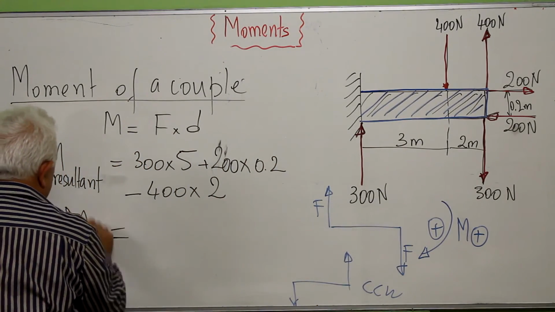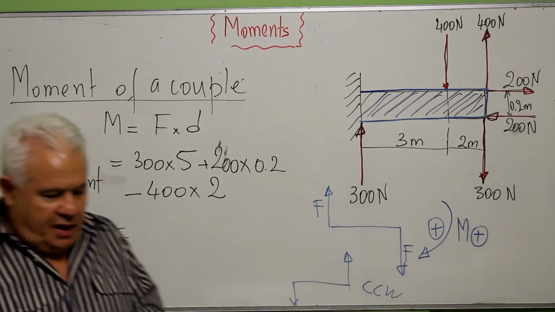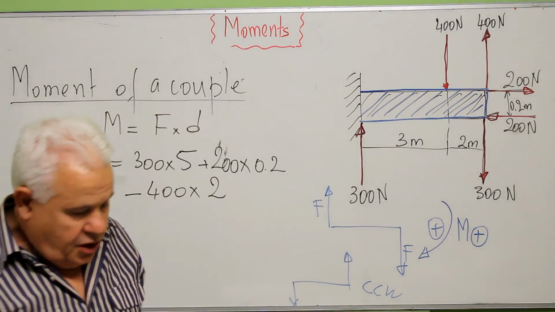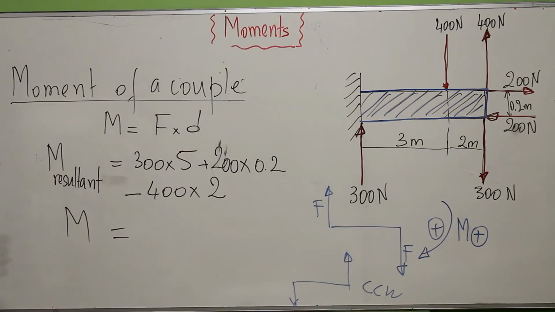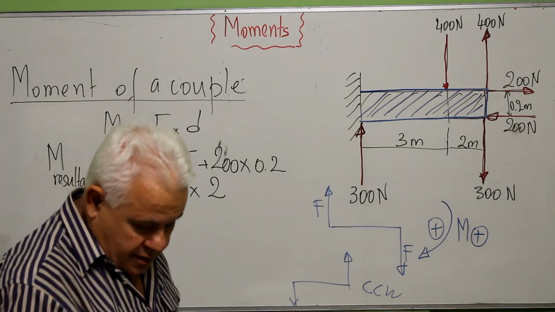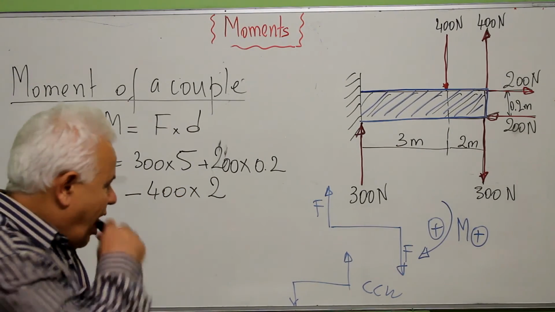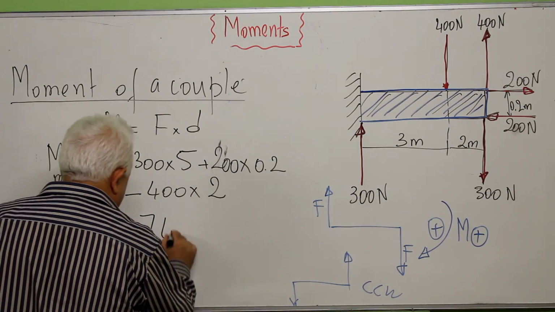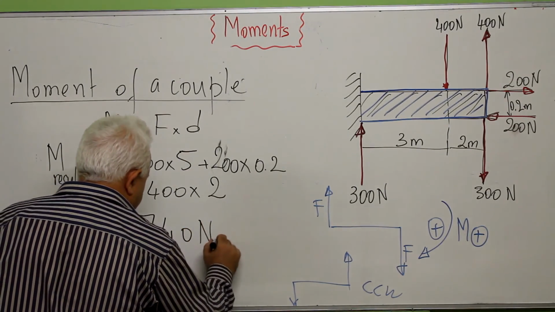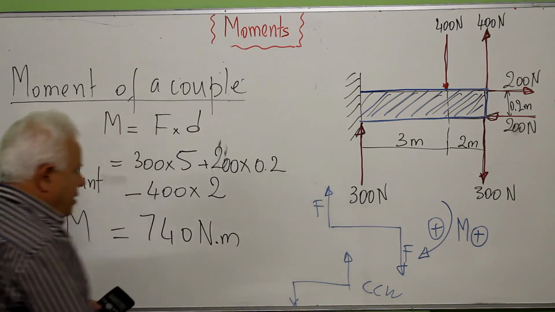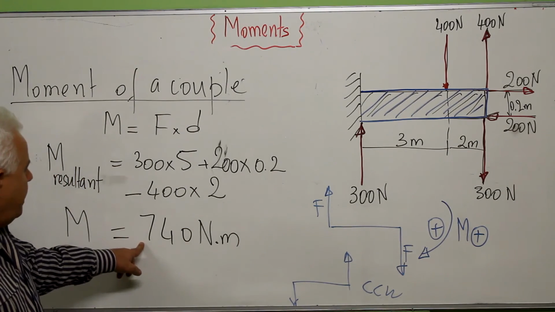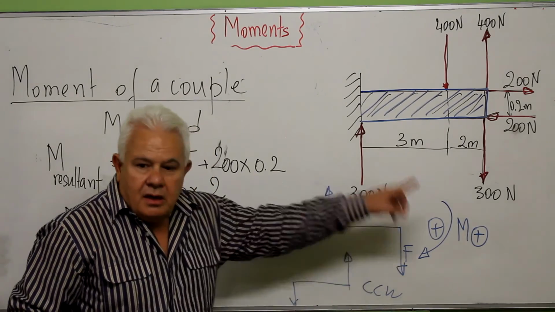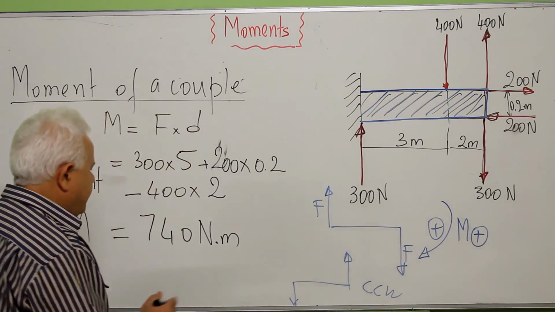So the resultant moment of these three couples of forces is finally 740. So the answer is 740 newton meters. Positive, which means that it is clockwise.